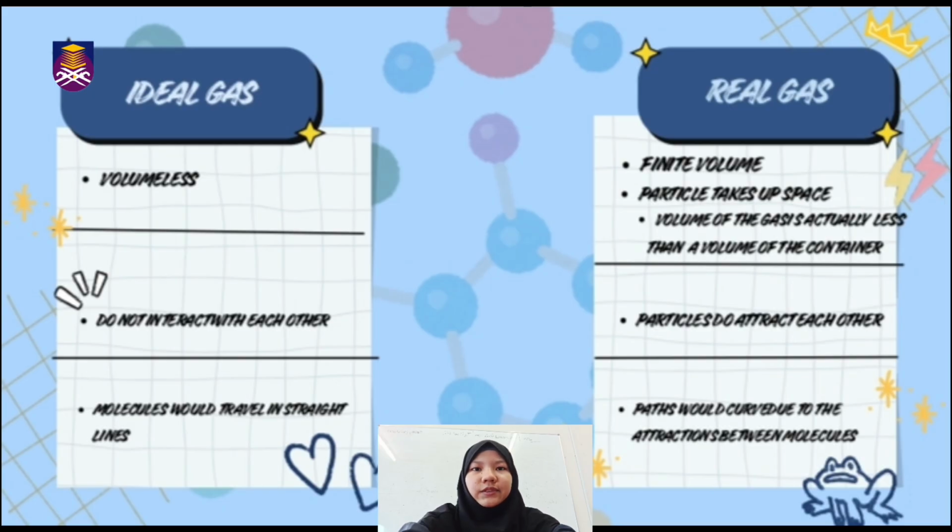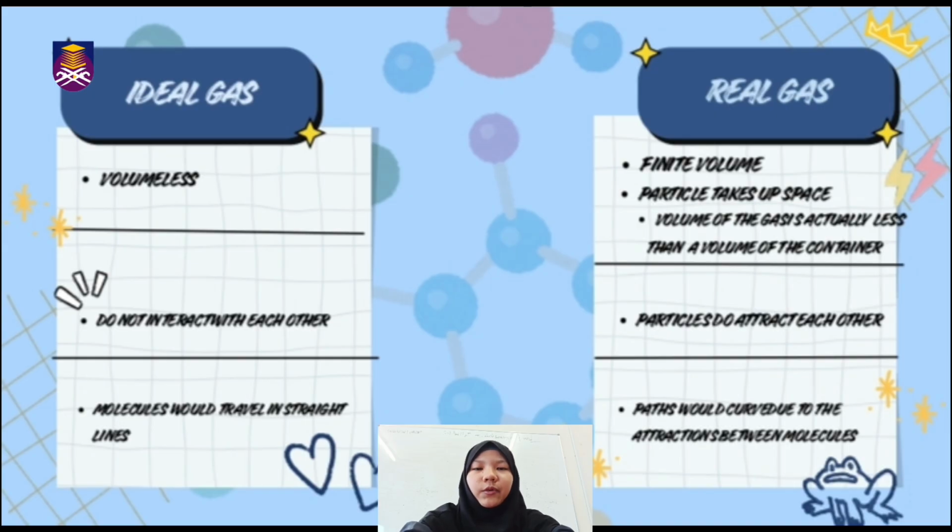The ideal gas also does not interact with each other, so it won't be attracted by intermolecular forces, and won't combine with other gas particles. But for the real gas, the particles do attract each other.